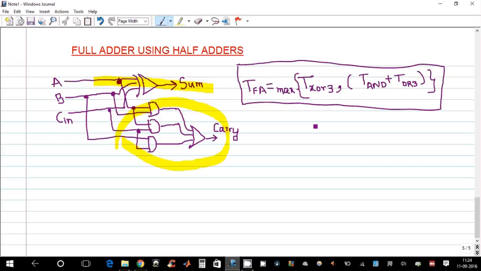So now we will be deriving some expressions where we will prove that we can realize one full adder using two half adders. We will recollect the sum expression, which is equal to A XOR B XOR C in.